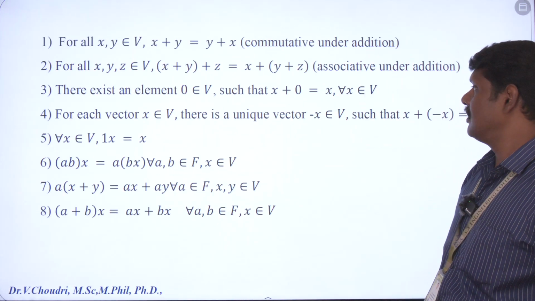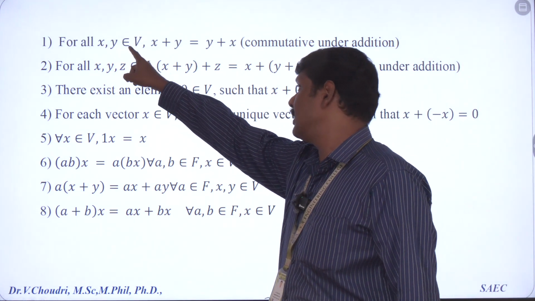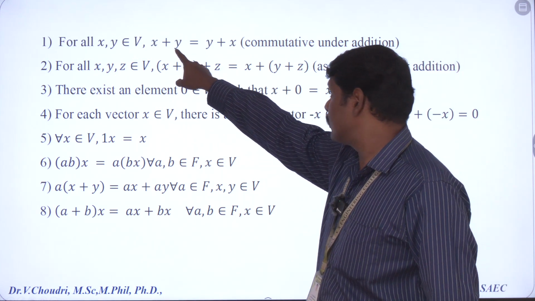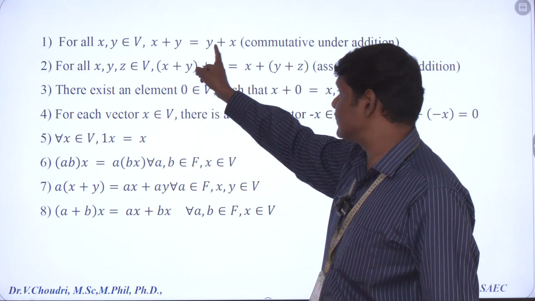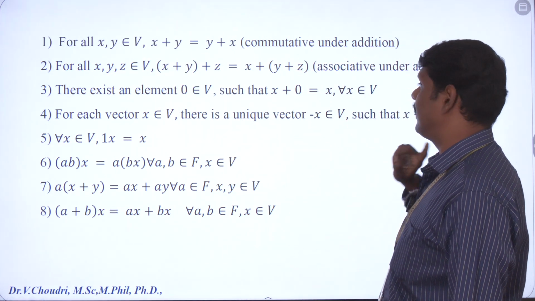Full explanation. For all x, y, taking two elements from V, the operation x plus y or y plus x, both are present in V. That is called commutative under addition.